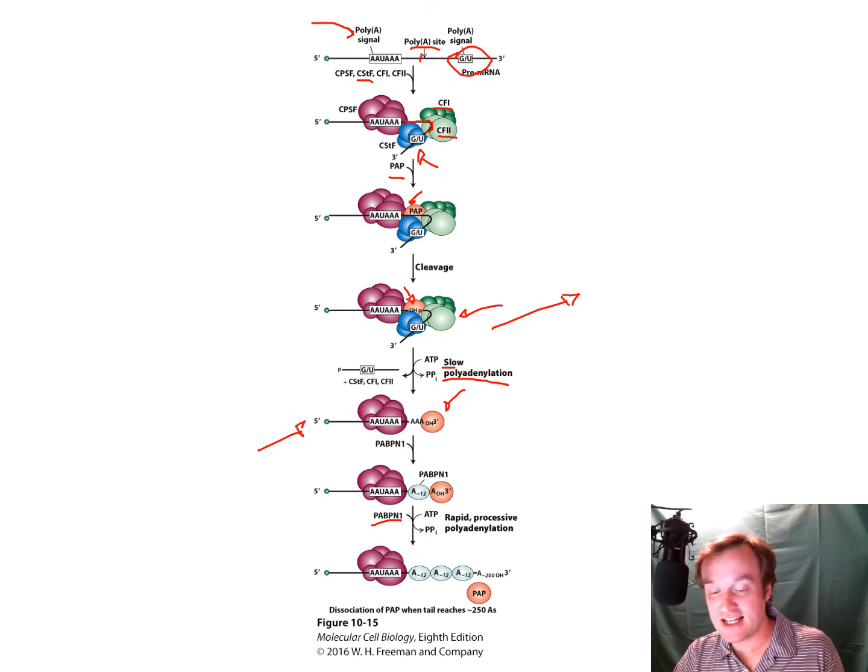That binds to that 12 residue A tail, so the short A tail, and it very quickly accelerates the rate of addition by PAP. So it's kind of like an enhancer of PAP's activity, and then it will add up to 200 to 250 A residues. So we have this really long poly A tail after this occurs.